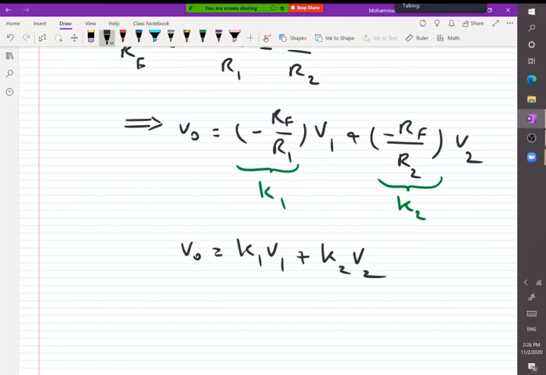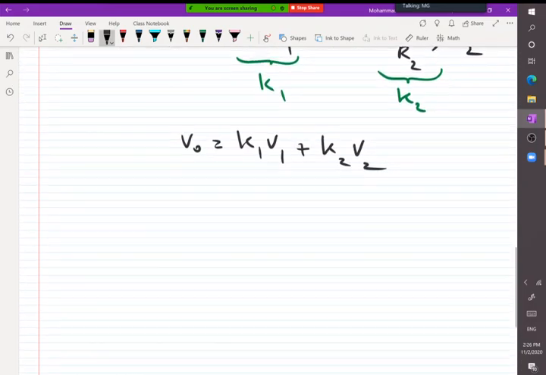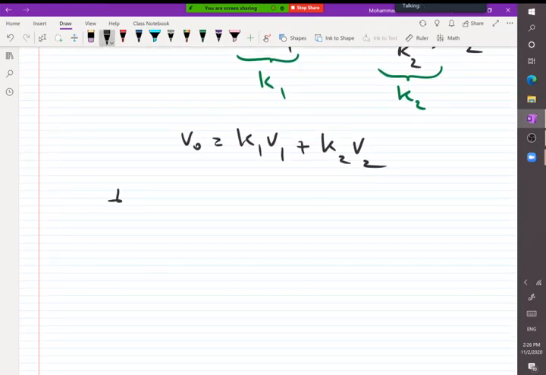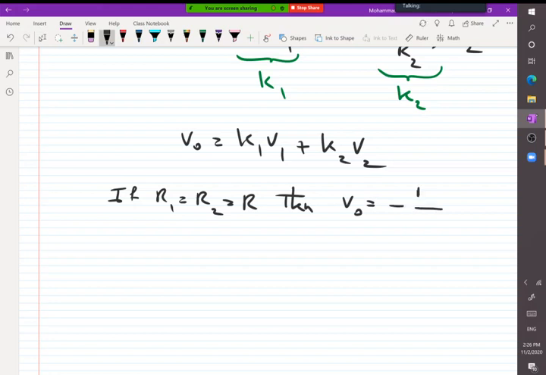Okay, and of course if R1 is equal to R2 equal to R, we can say Vo is equal to negative Rf over R times V1 plus V2. And we see that we have added these two signals.